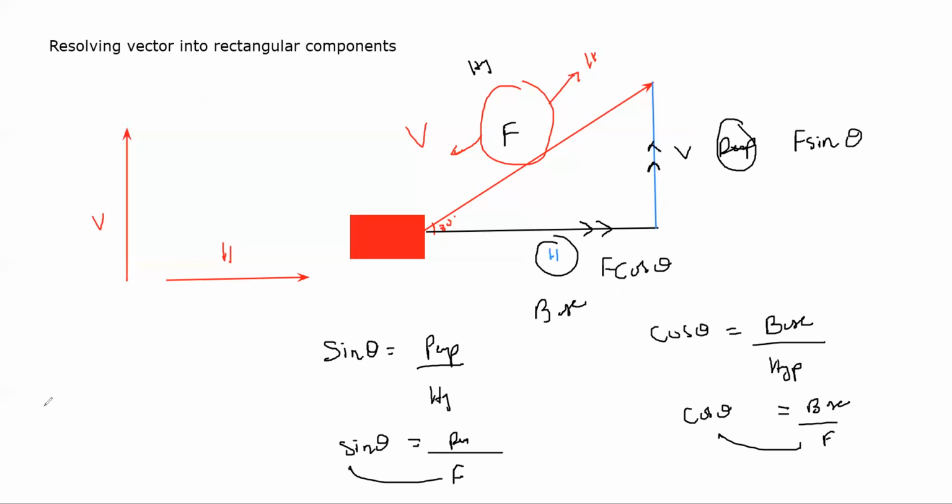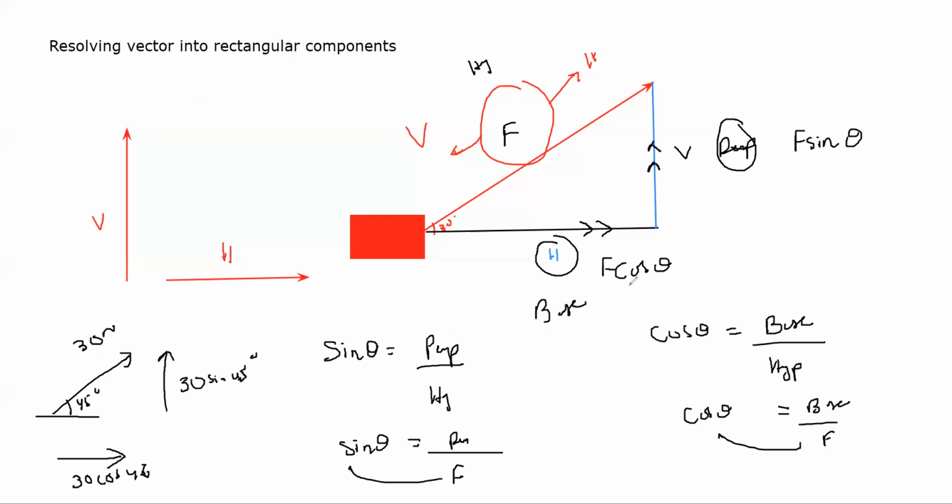So if I say a force of 30 Newton making angle 45 with the x-axis, what is the horizontal component and what is the vertical? The horizontal component is f cos theta, so it is 30 cos 45. And the vertical component is f sine theta, so it is 30 sine 45.